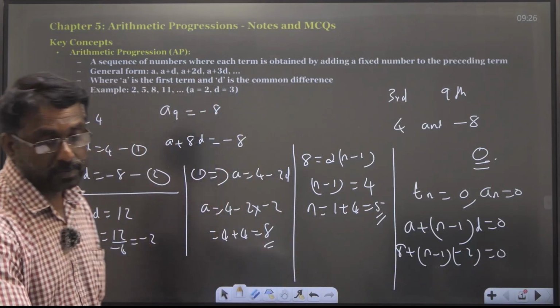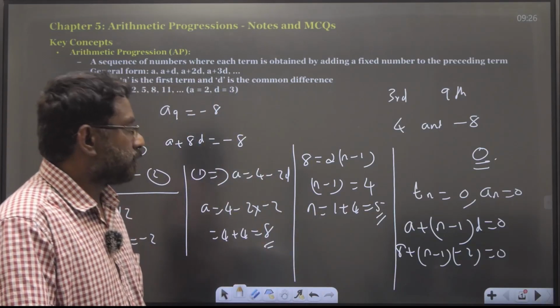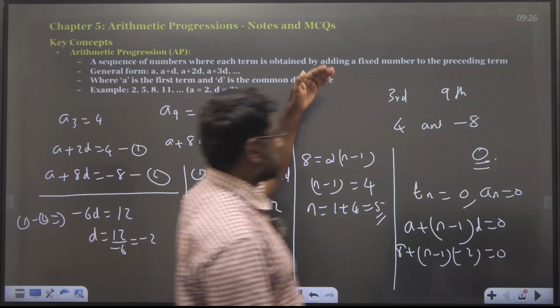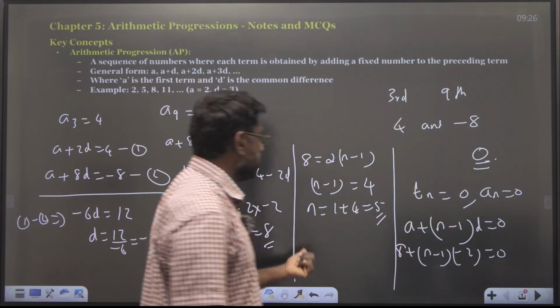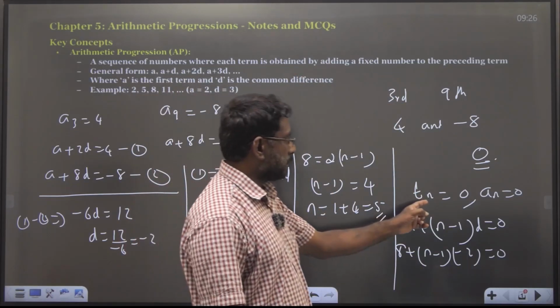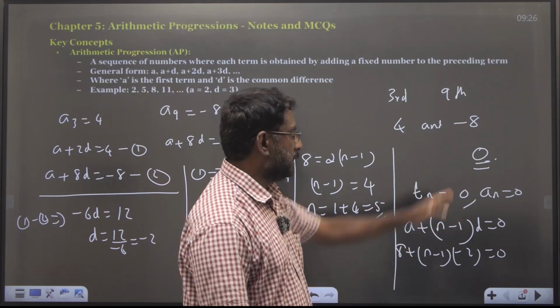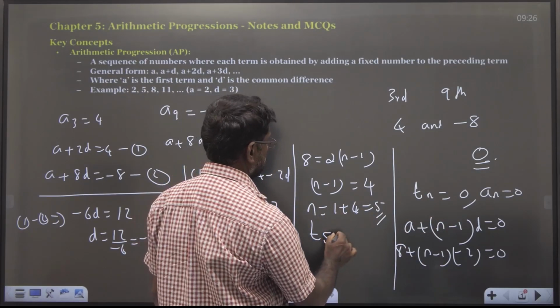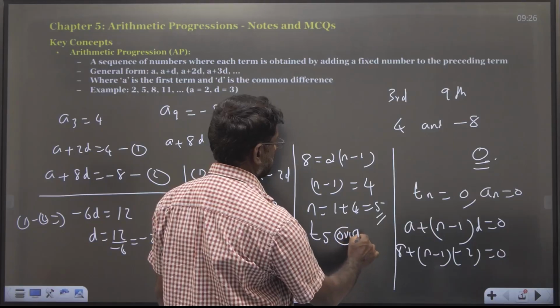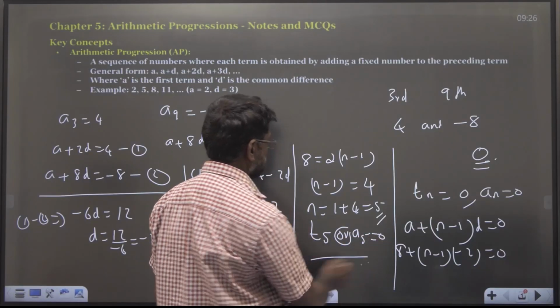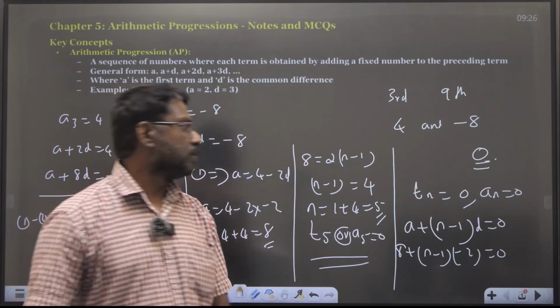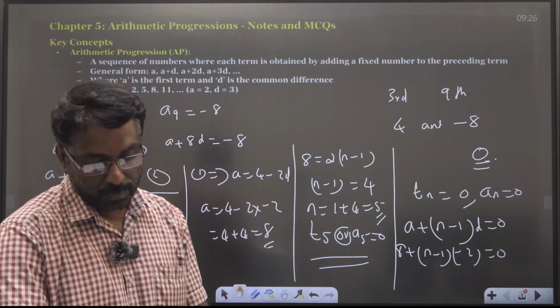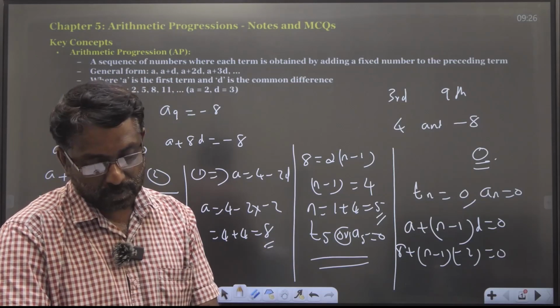Therefore, the fifth term is 0. n equal to 5 means T5 or a5, that is equal to 0. This is the answer.